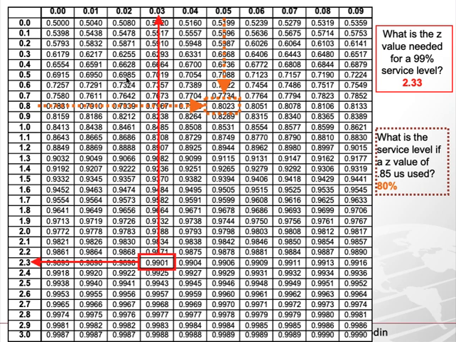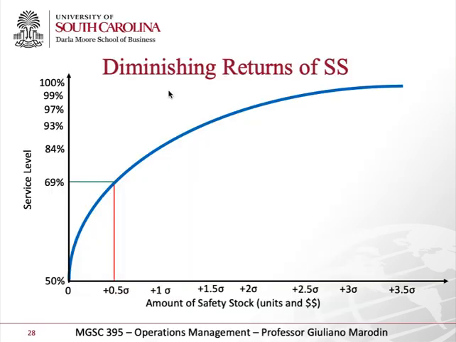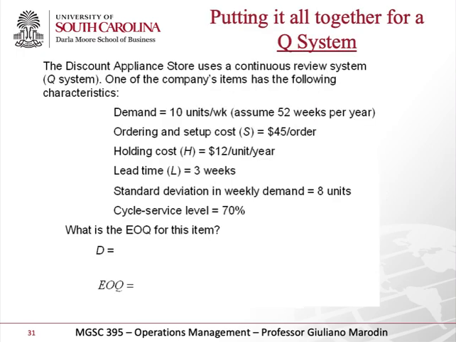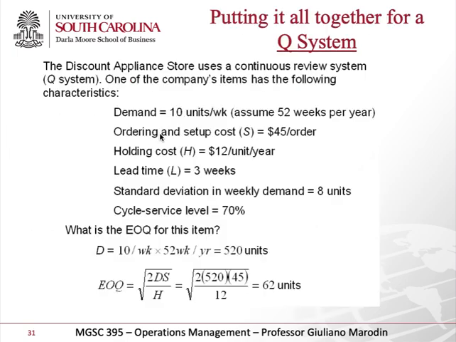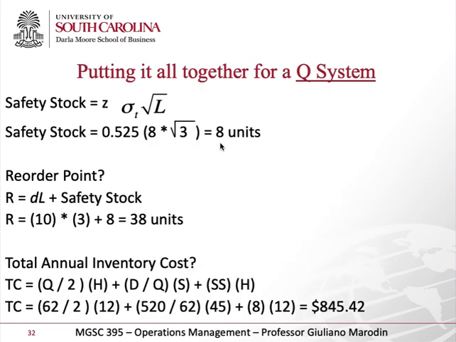It'll be 0.525 times the standard deviation, which the problem just gave us, 8 units, times the square root of lead time, which the problem also gave us, and that's the safety stock, 8 units. If I want to calculate the reorder point, it is going to be the demand 10 times L lead time plus 8 safety stock, 38 units.